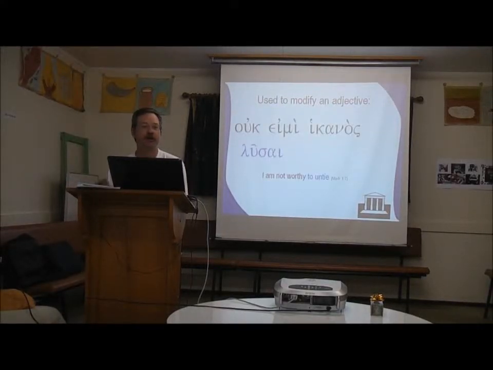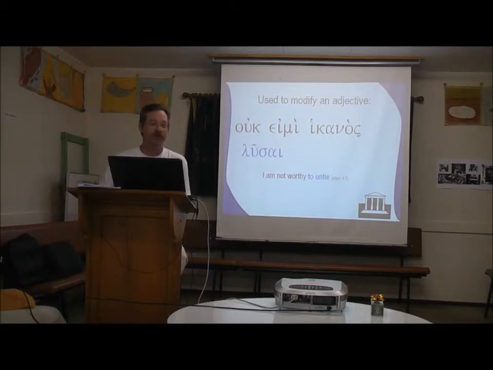Here's an example of an infinitive being used to modify an adjective. This statement, remember, comes from John the Baptist, as he says that he's not worthy to untie the sandals of the one who's coming after him. The word ikonos is the word "worthy," which is an adjective.